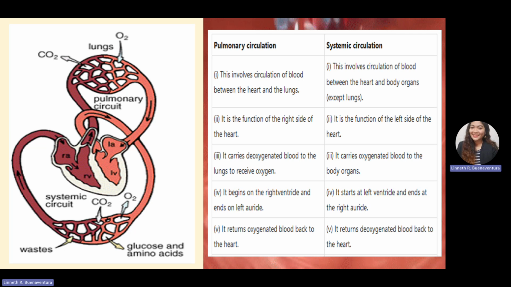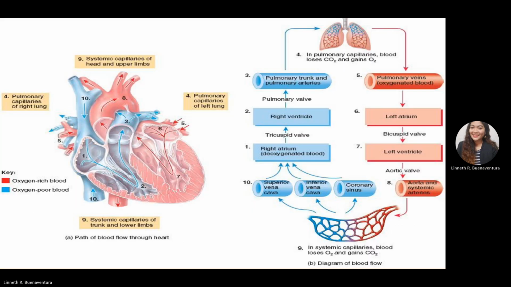It starts with the left ventricle and ends with the right atrium. It returns the deoxygenated blood to the heart. So here is the summary for the flow or pattern of blood circulation.